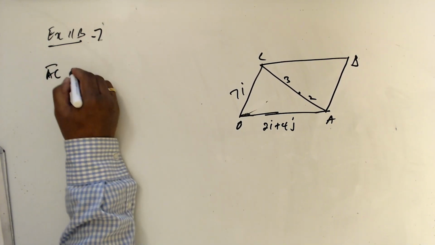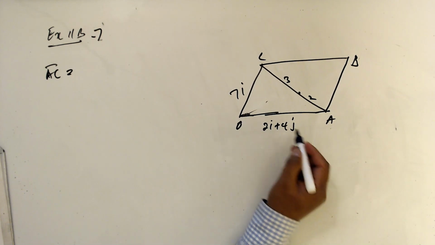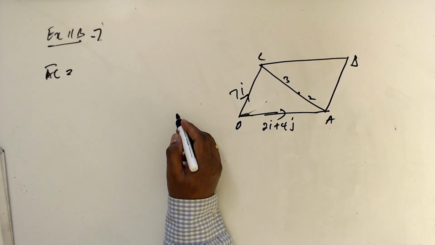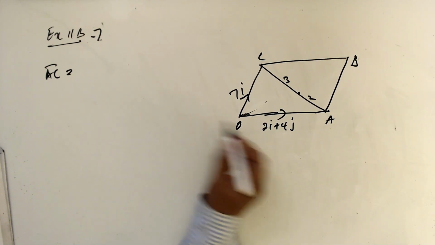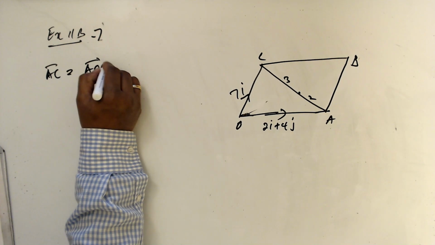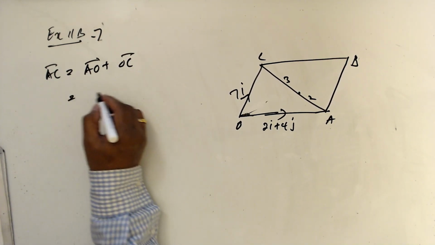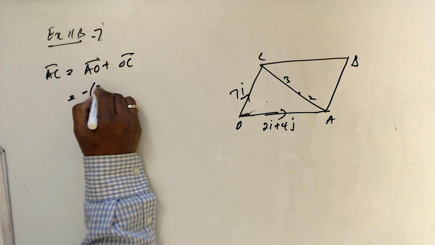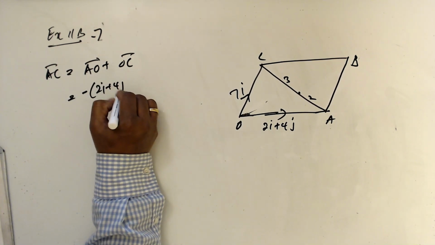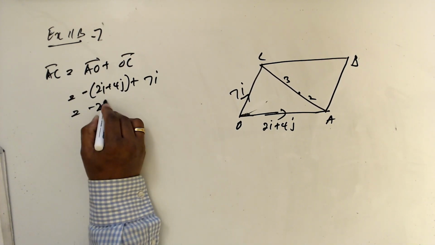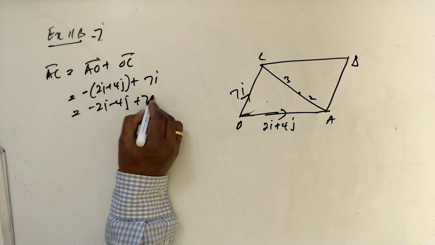Question number 7. OA and OC are given. We want to find AC, then AC means AO plus OC. AO means minus 2i minus 4j plus OC means 7i.